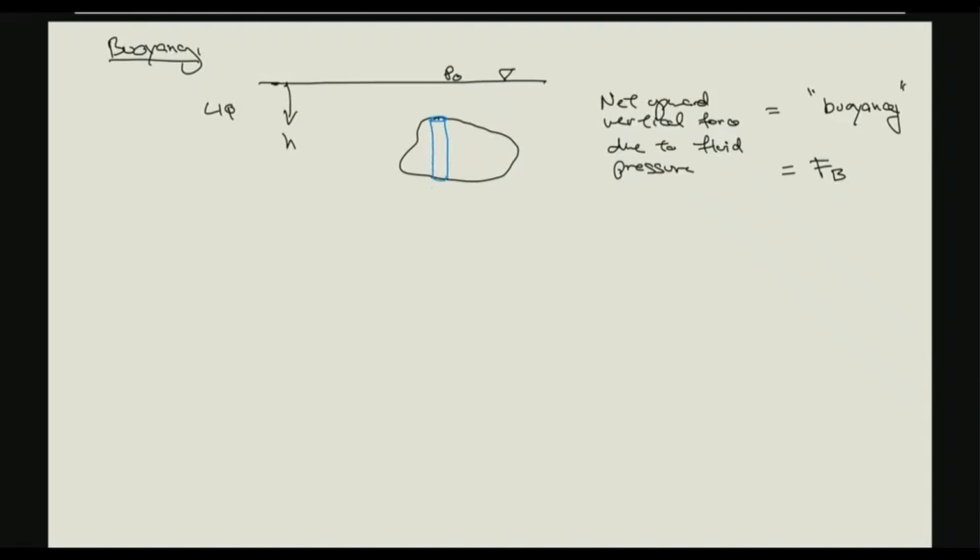Okay, and so if I blow it up, let's consider that it's a cylindrical element. And at this location, let's say this distance here is h1, and this distance here, the depth, is h2.